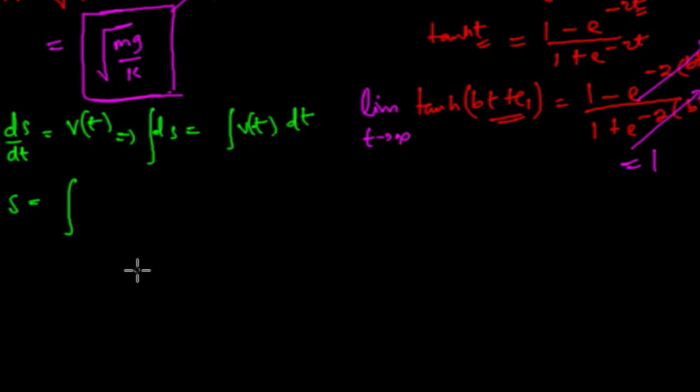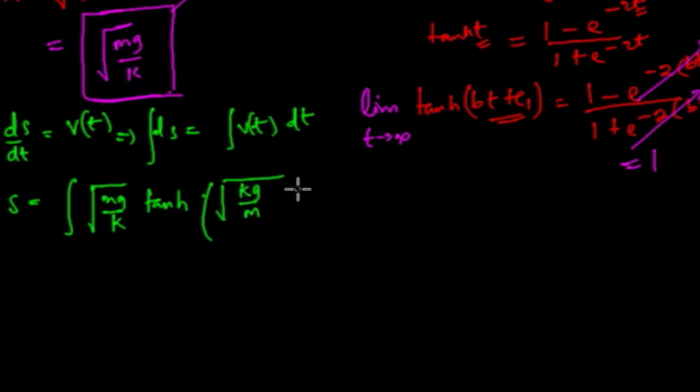So instead of writing v of t now, I'm going to be writing root mg all over k, tan of root kg all over m, t plus c1.